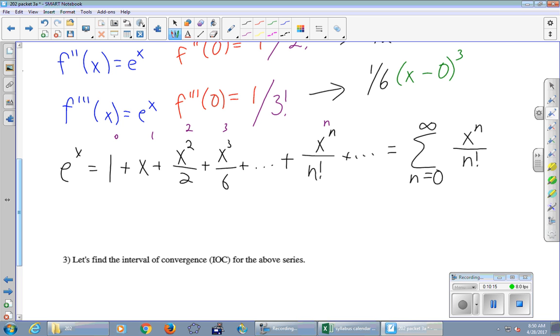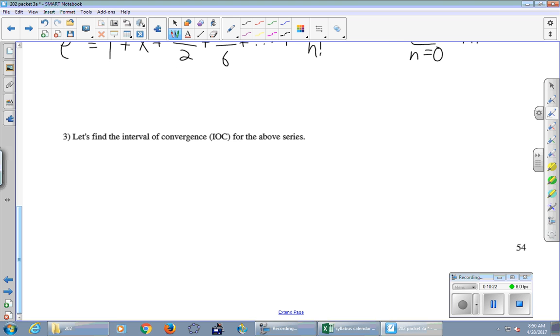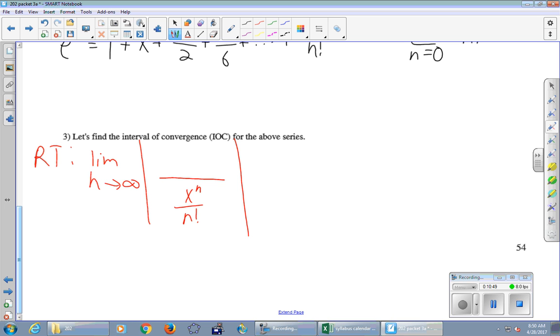What test do we need to use for every power series? Is a ratio test, right? So let's use a ratio test. Ratio test. Here we go. Limit. N goes to infinity. Big absolute value, big fraction. Does the general term go on the top or the bottom? It goes on the bottom. So downstairs I have an x to the n over n factorial.